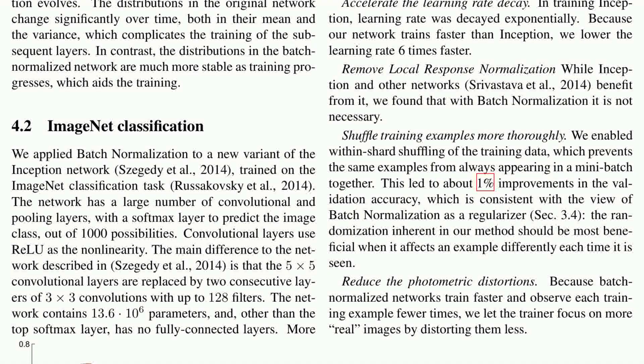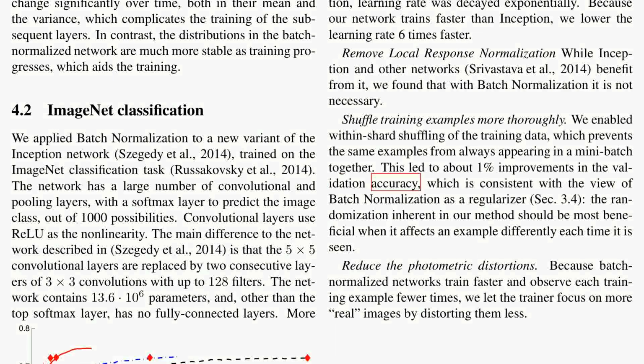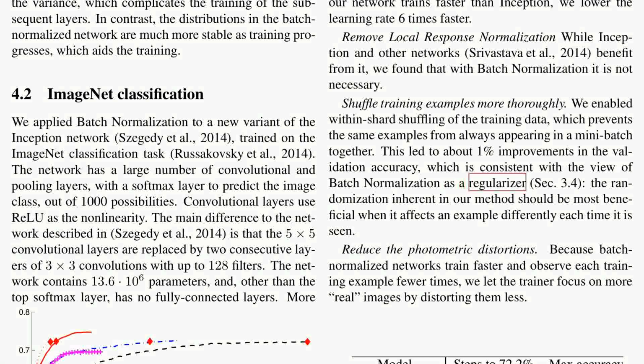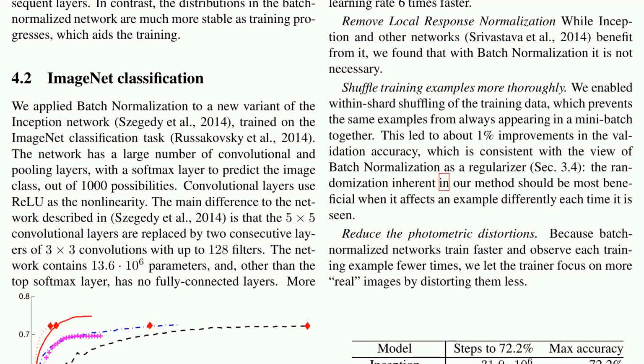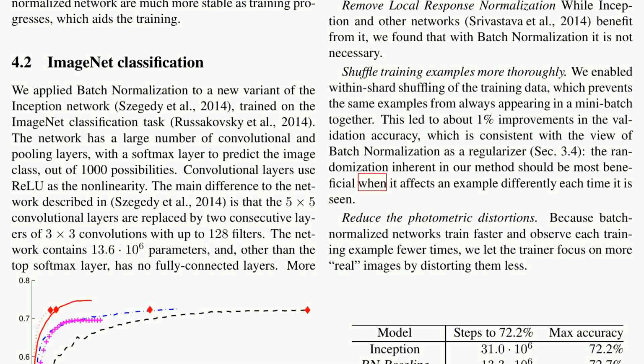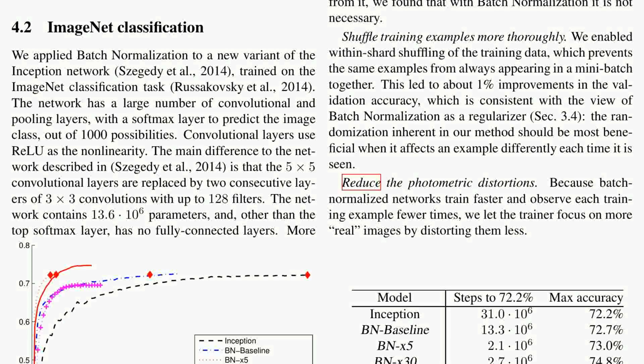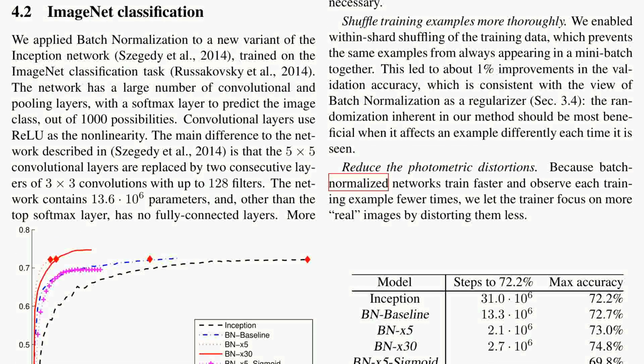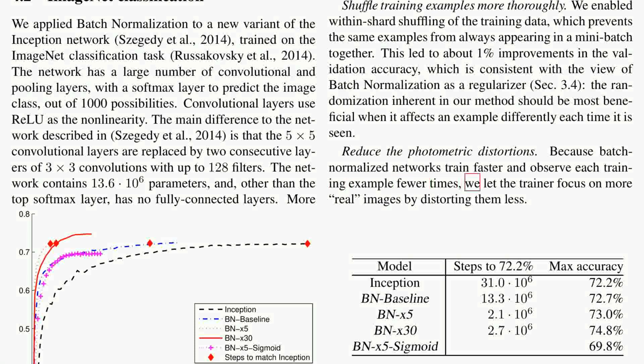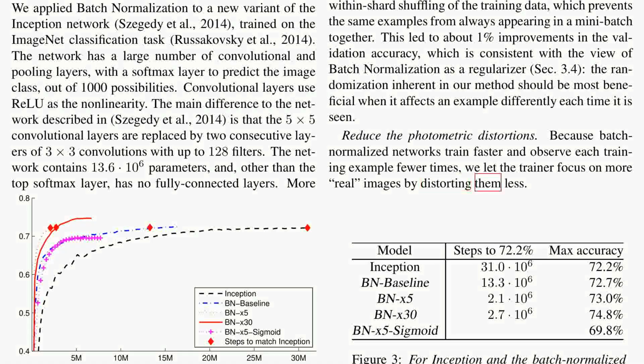This led to about 1% improvements in the validation accuracy, which is consistent with the view of batch normalization as a regularizer. The randomization inherent in our method should be most beneficial when it affects an example differently each time it is seen. Reduce the photometric distortions. Because batch normalized networks train faster and observe each training example fewer times, we let the trainer focus on more real images by distorting them less.